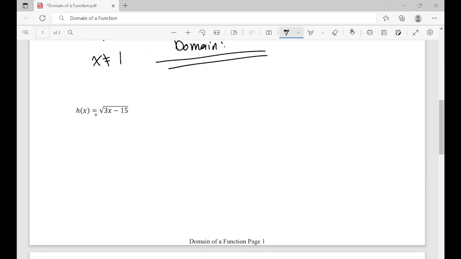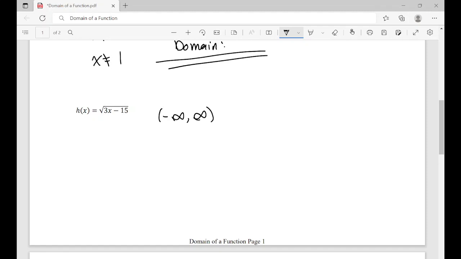Next we have h of x equals square root of 3x minus 15. Again, we're going to start off with our domain as negative infinity to positive infinity. And we're going to see if there's a denominator with variables in it, which there is not. And then we're going to see if there's a radical, which there is, with an even index, which this is a square root, so it does have an even index.